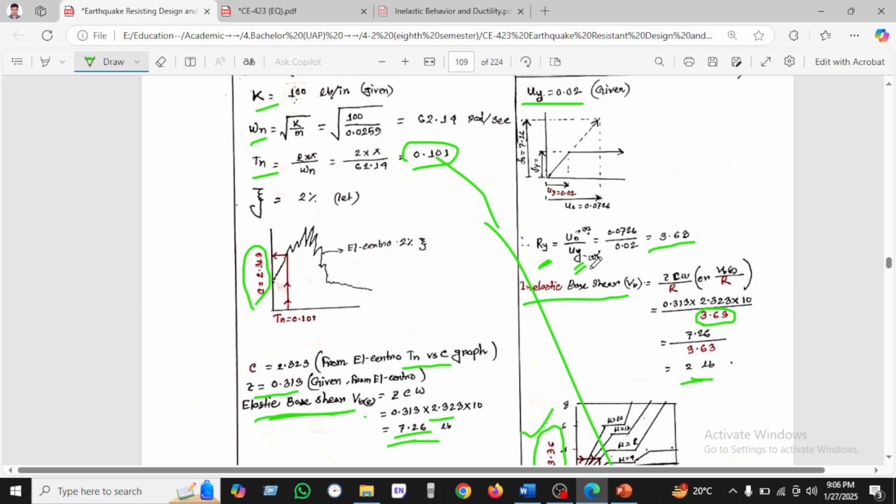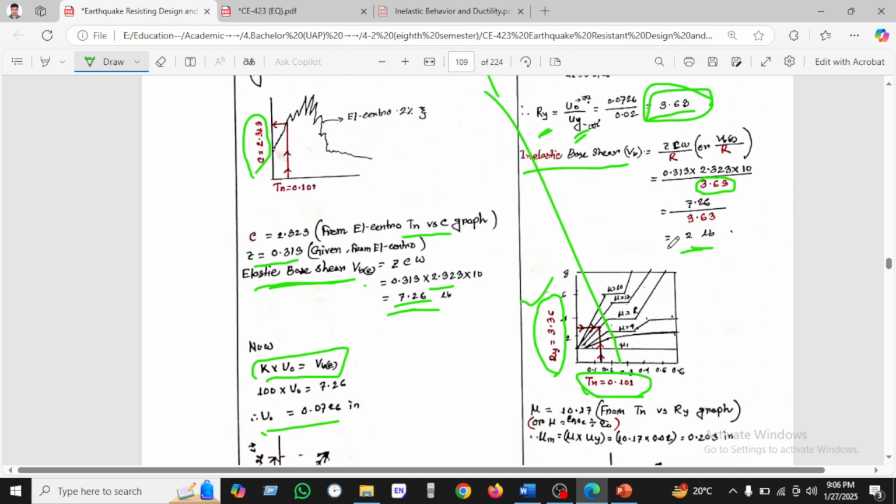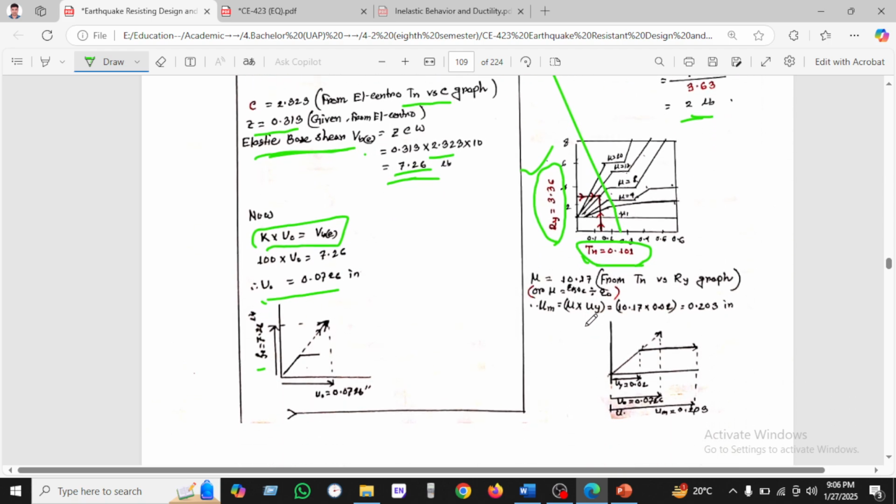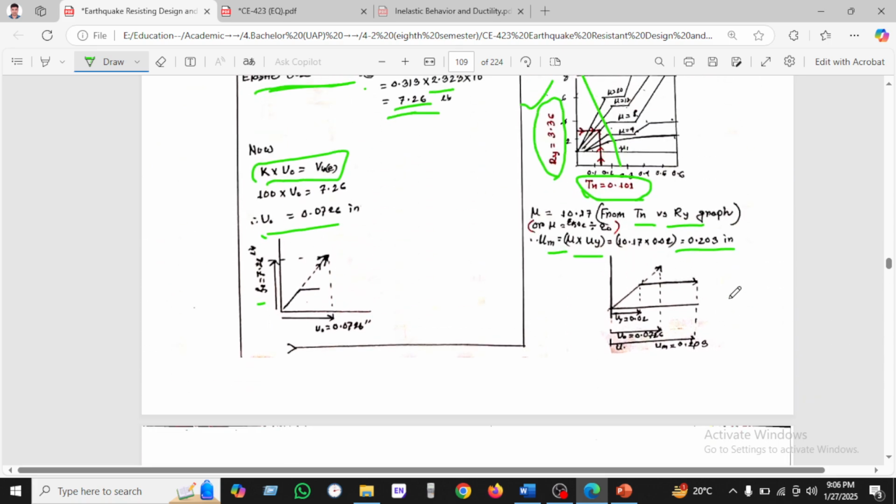On the other hand, if we calculate U naught divided by Uy, then we will also find 3.663. So we have seen mu equals 10.13 from the Tn versus Ry graph, and Um equals mu times Uy, which is 0.236.